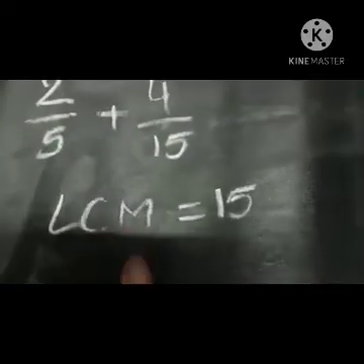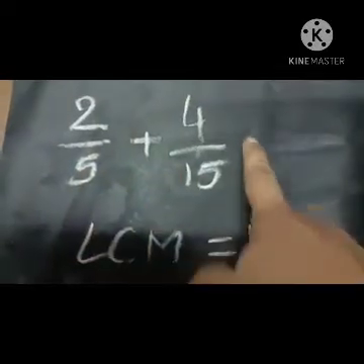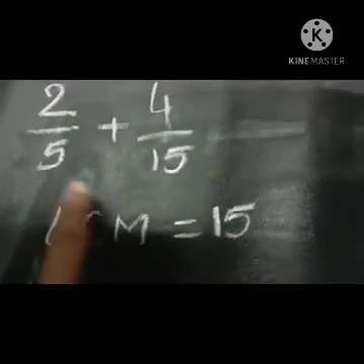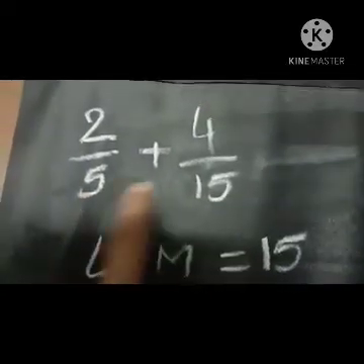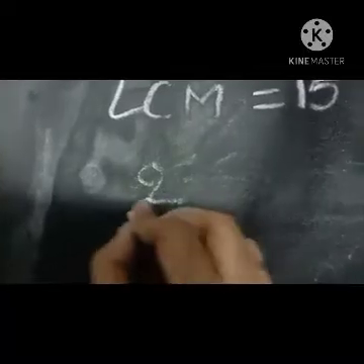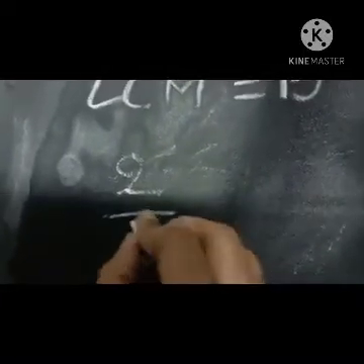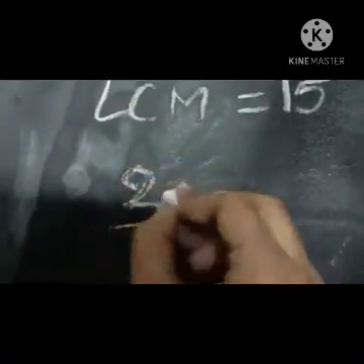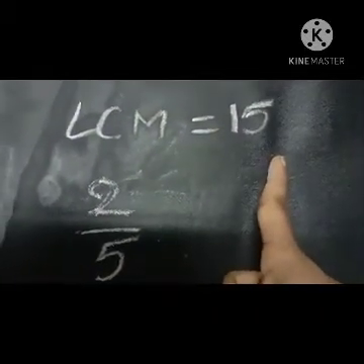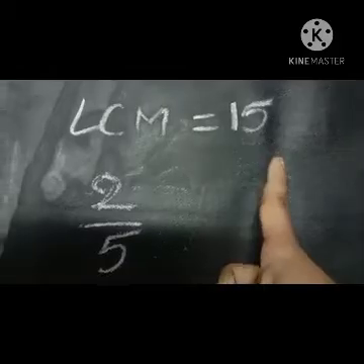See children, the sum is 2 by 5 plus 4 by 15. What is the LCM? LCM is equals to 15. We have to take this 15 as the denominator now. See here, the first one is 2 by 5. In 5 table, 15 is there or not there? Yes. How many times? 3 times, no?